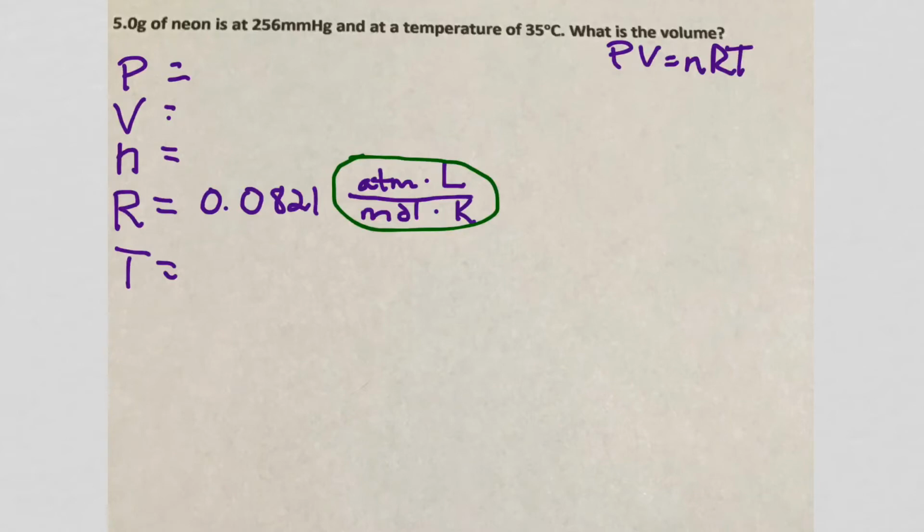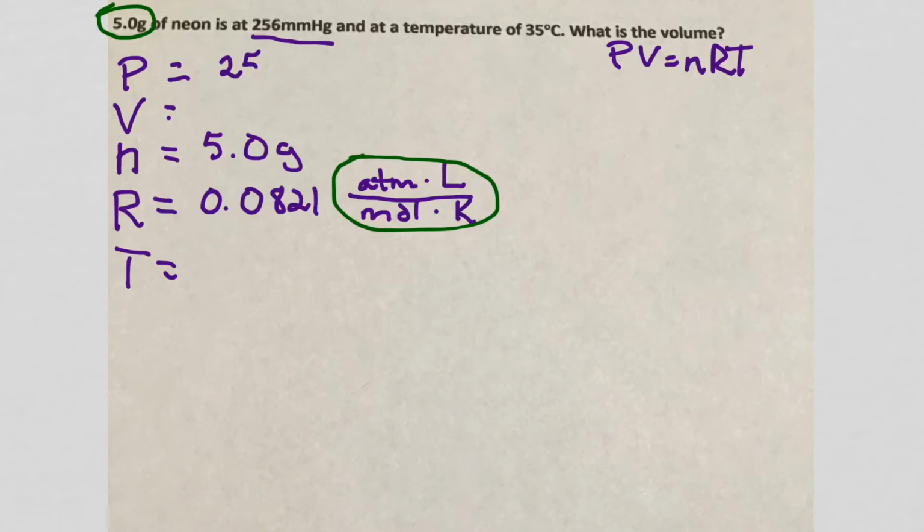Okay, so now let's go in and find out what we know. We know that we have 5.0 grams. Which part would that be? Well, the only thing I can go to from grams is moles, so we'll assume that's moles, and we'll come back to that. And then we have 256 mmHg. mmHg is a label for what?